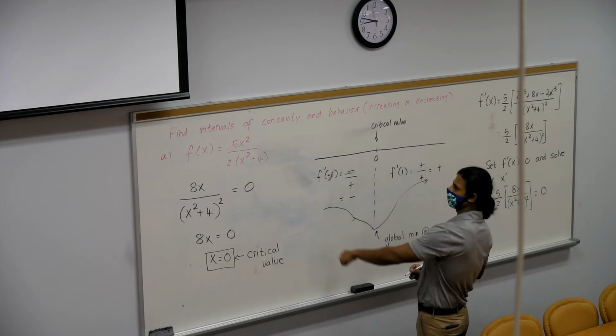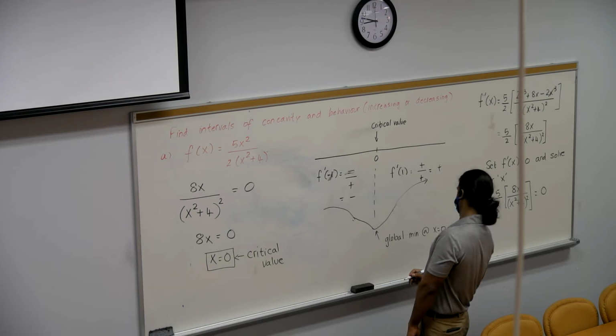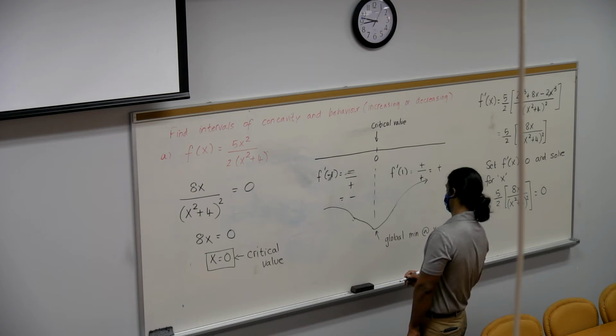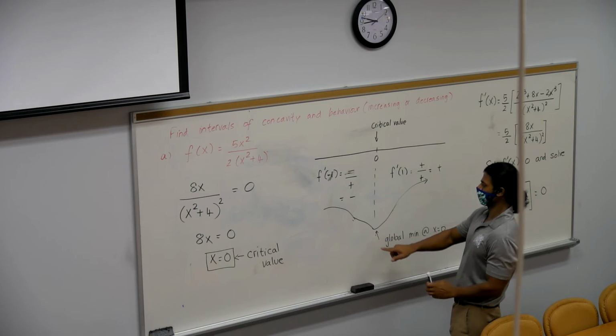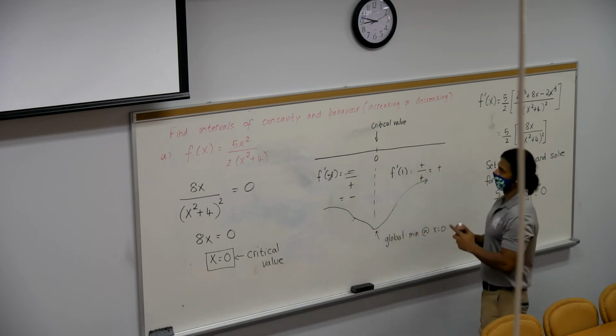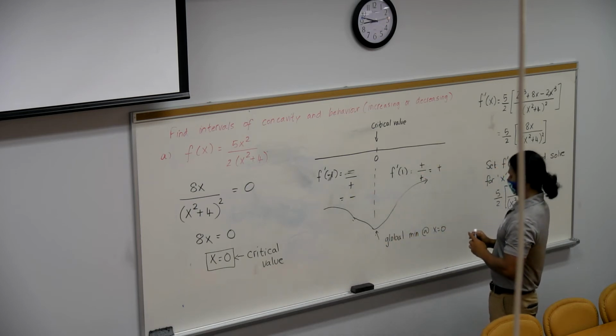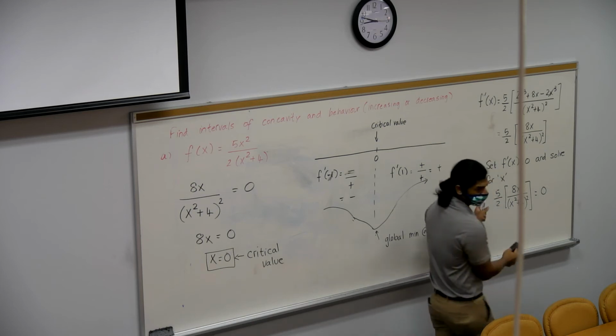And if I plug in 0, what would I get? In the original function, I'll get 0. So 0 is over there and it's going up. Can I erase this side?